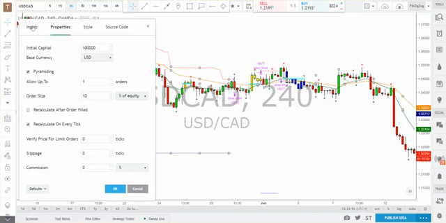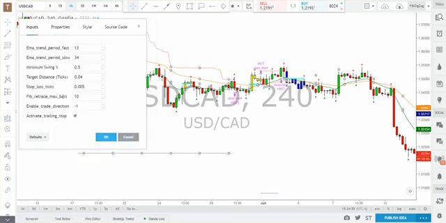Here is one more property that isn't really important. I mean, all these are important, but this fib retrace max bars. Okay, so what this does is this relates to the retracement.